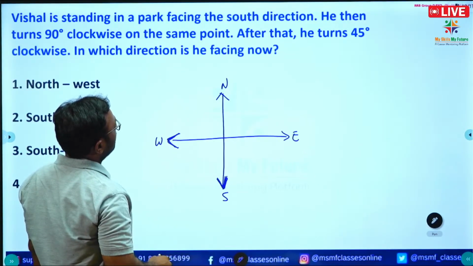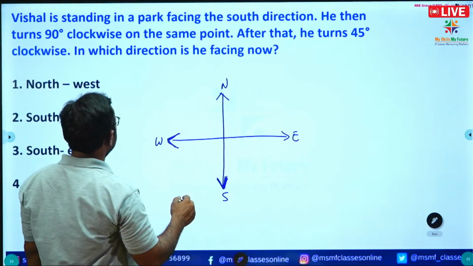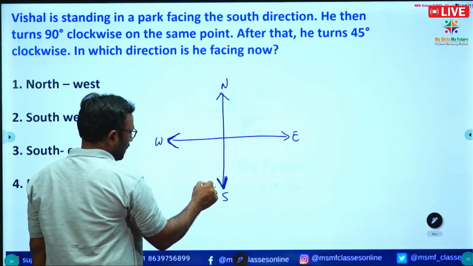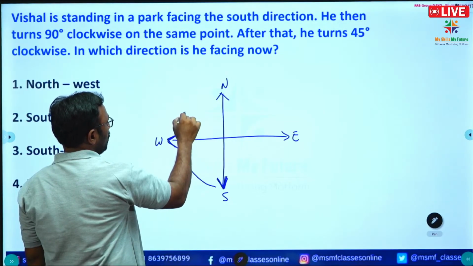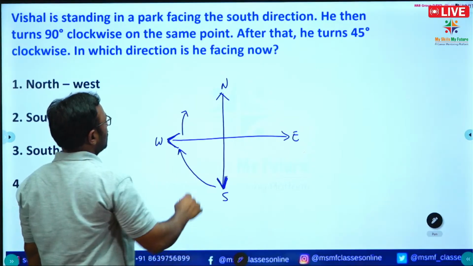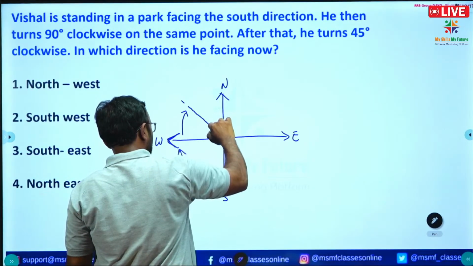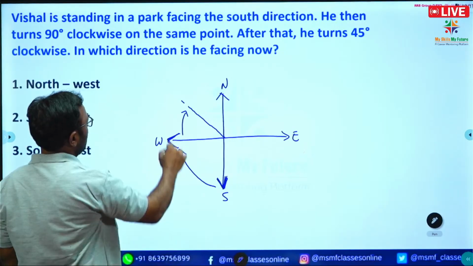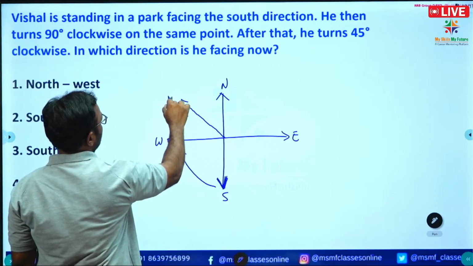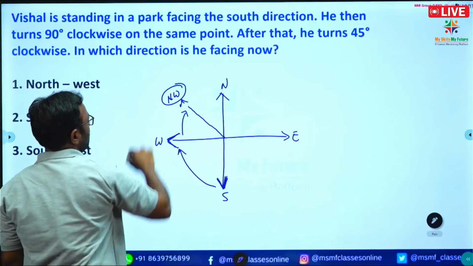After that, he turns 45 degrees clockwise. So first 90 degrees is there, and after that he moves 45 degrees. In which direction is he facing now? That is the northwest direction.